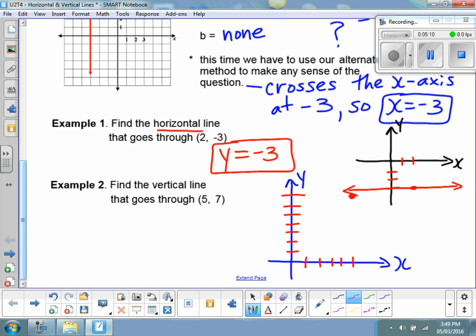And it's a vertical line, which means that it's coming straight down there. So the equation of that line cuts the x-axis, and it cuts it at 5, so x equals 5 is the equation of that vertical line.